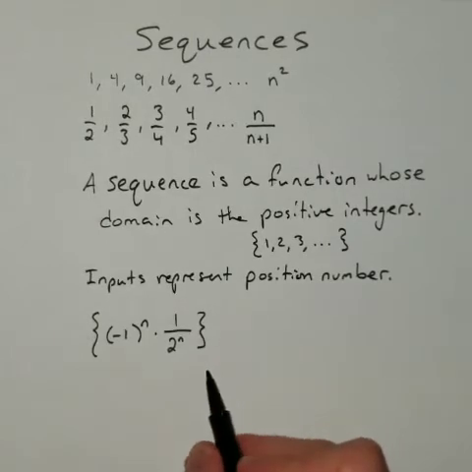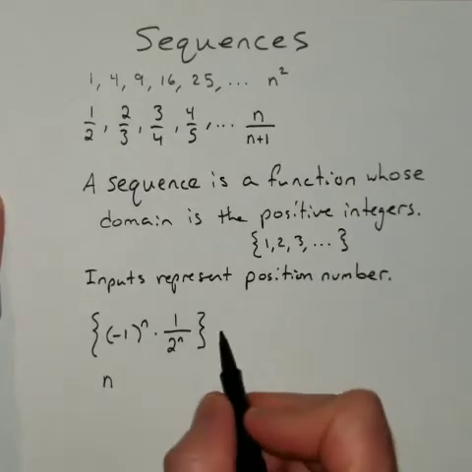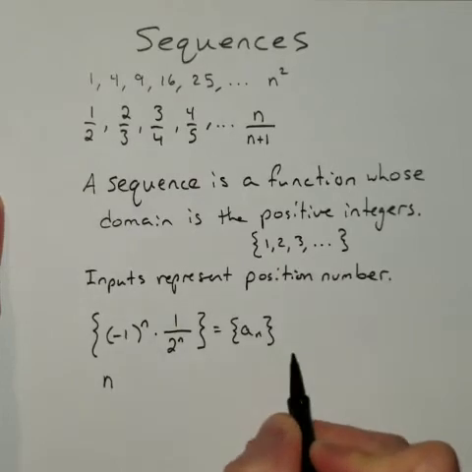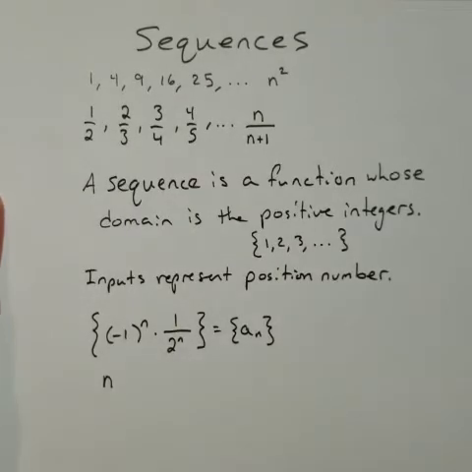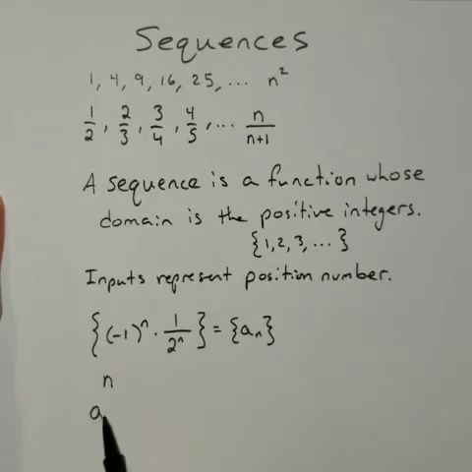Now I want to think about this in terms of inputs and outputs. Let's think of it in terms of an n value, and I'm going to call the output a sub n. Remember, with functions we use f of x notation; with sequences we typically use a sub n. So a sub n is the output.